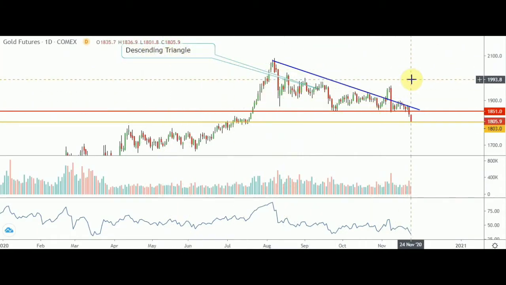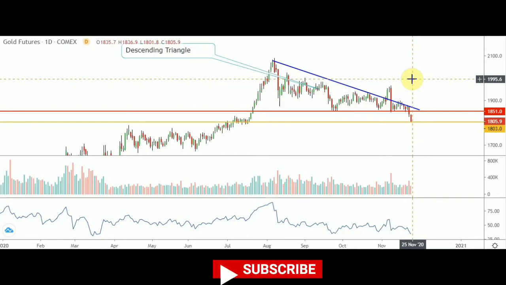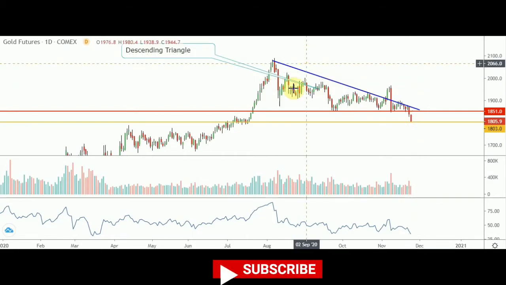There are three types of triangle: a symmetrical triangle, descending triangle, and ascending triangle. There are also converging and broadening triangles, but from a broader perspective you should know these three only: symmetrical, descending, and ascending. Let us focus on the descending triangle.